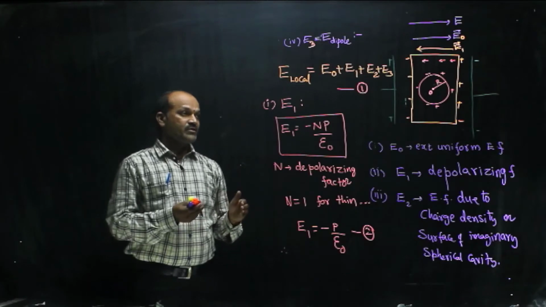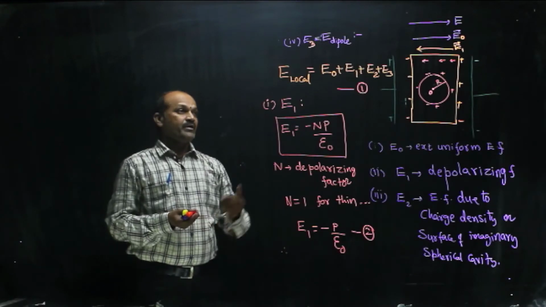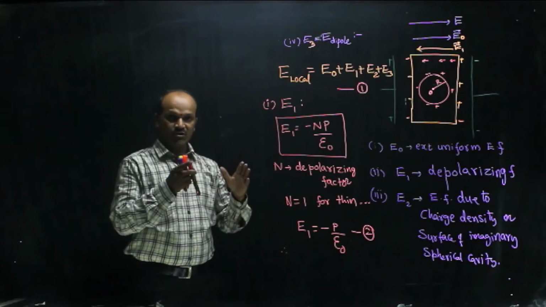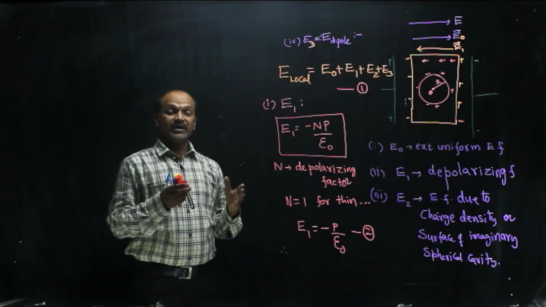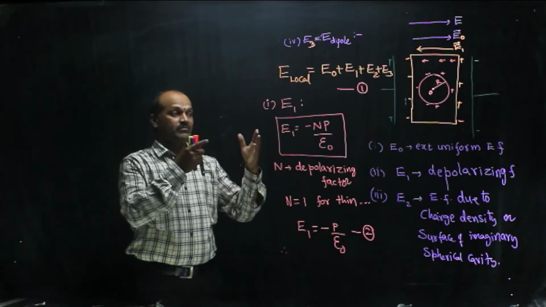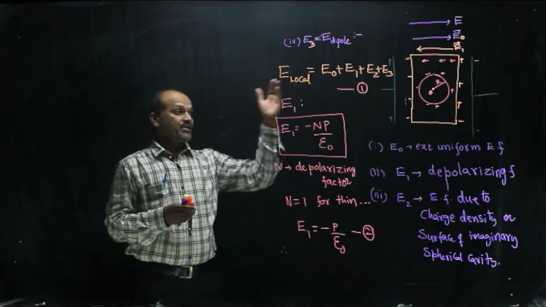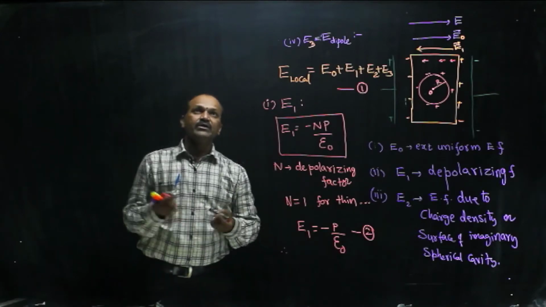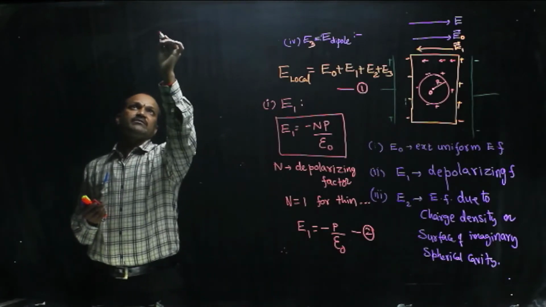E1 is the depolarizing field and E0 is the applied electric field. So combinedly E0 and E1 produce a macroscopic electric field inside the specimen, inside the dielectric slab. Let me write that.